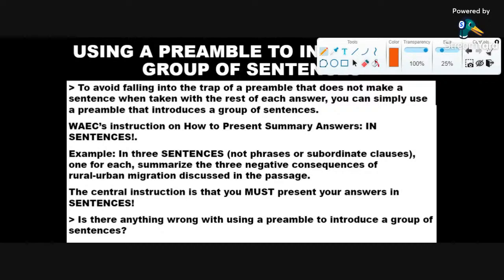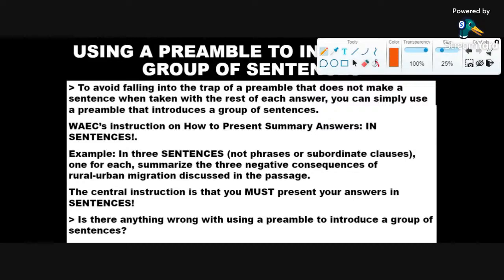A preamble is not the answer. So nobody is going to hold you responsible for not using a preamble. And where you create a preamble and it only serves the purpose of introducing your answers, there's nothing wrong there. The central instruction is that you must present your answers in sentences.